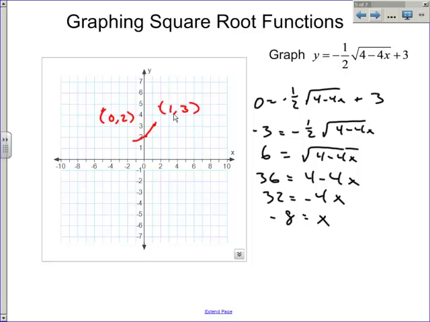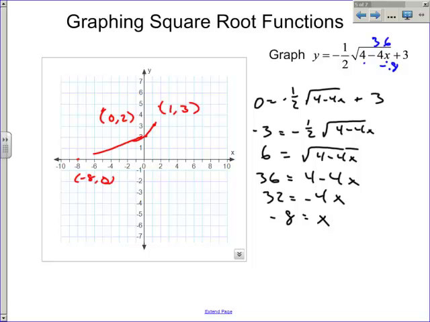If I plug in negative 8 up here just to check for extraneous roots, negative 4 times negative 8 is 32. 4 plus 32 is 36. The square root of 36 is 6. Half of 6 is 3. Negative 3 plus 3 is equal to 0. So sure enough, I do have a 0 at negative 8.